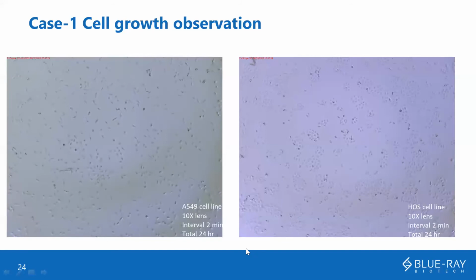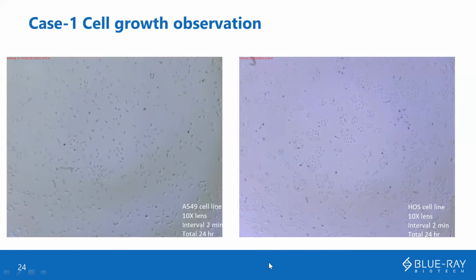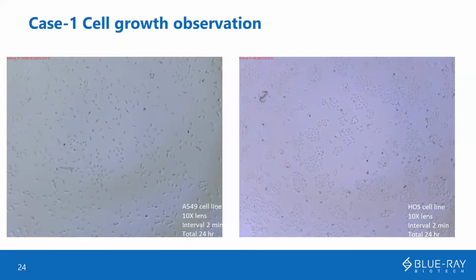And on the right is the HOS cell line in the same condition. You can see there are two different cell types, and they show different characteristics: A549 cells are much more mobile than HOS cells.